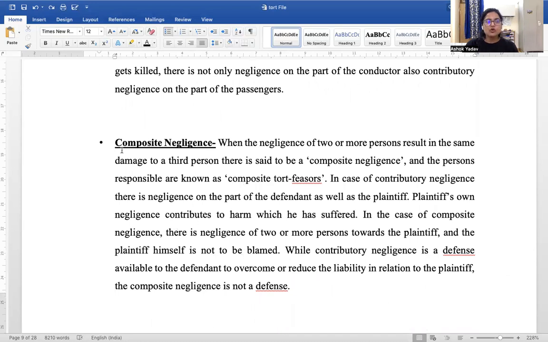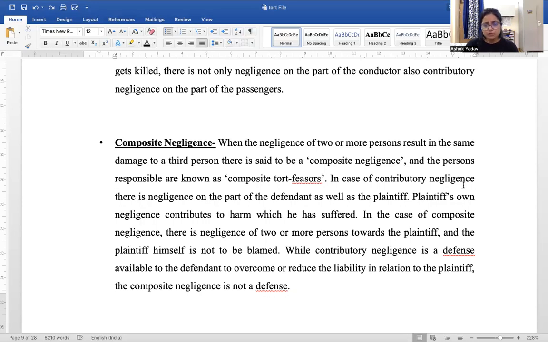Next is composite negligence. When the negligence of two or more persons results in the same damage to a third person, it is said to be composite negligence, right? And the persons responsible are known as composite tortfeasors.